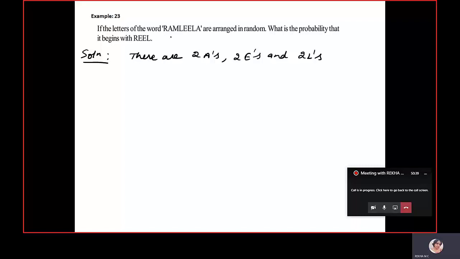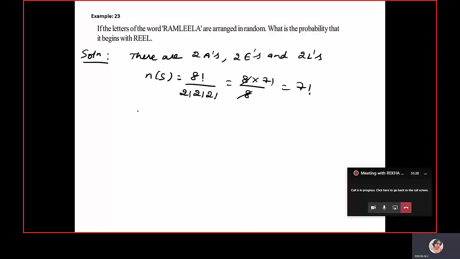Therefore, n of S, I'll consider it as 8 factorial divided by 2 factorial into 2 factorial into 2 factorial. So that is equal to 8 factorial. I can write it as 8 into 7 factorial divided by 2 into 2 into 2. So that is 7 factorial.